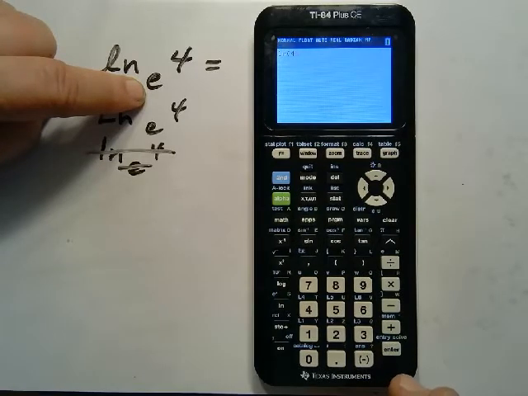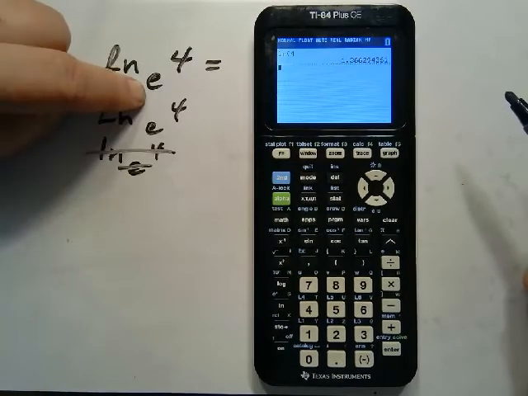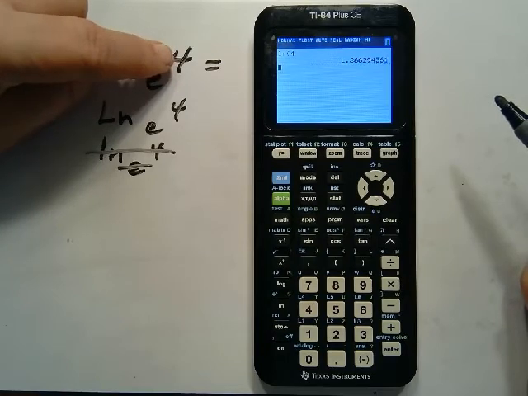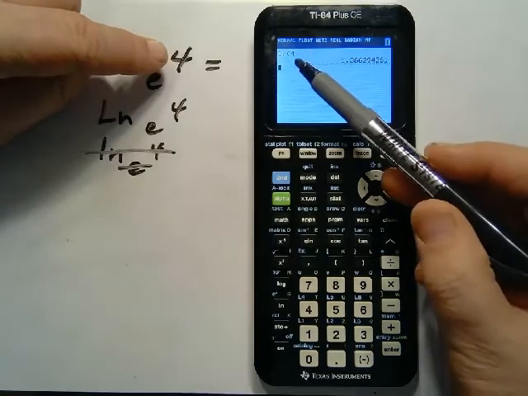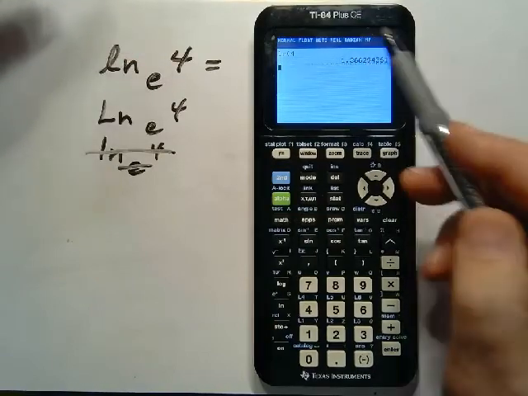Well, the exponent on 2.7 that'll give me 4 has to be a little bit more than 1, and that's what we got here, about 1.3, 1.4. What is the exponent on E that will give me 4? If I raised E to the 1.38629 or so, I would get 4.